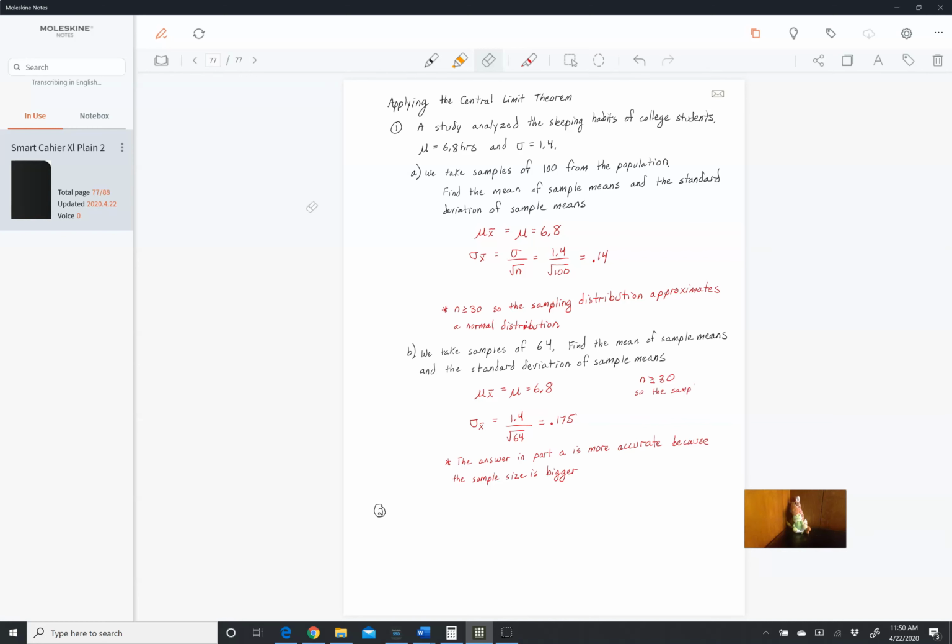So the sampling distribution approximates a normal distribution. And we're looking at this because it doesn't say that the original study is normally distributed. So if it doesn't say that, we want to look at the sample size. So another example, a simple example. In fact, it takes a lot longer to write the example than it does to write out our answers, right?